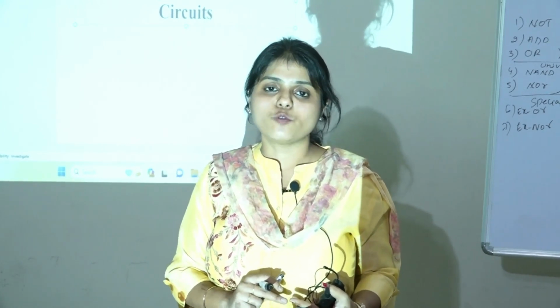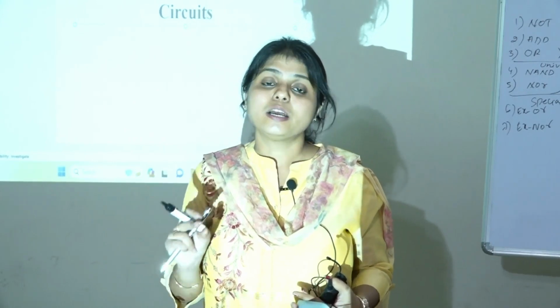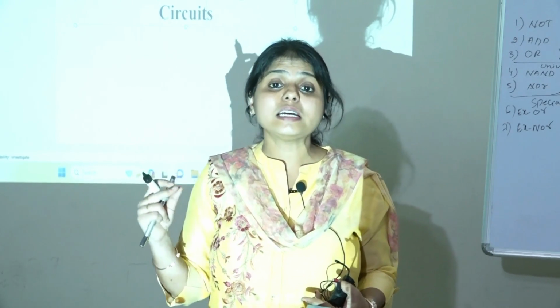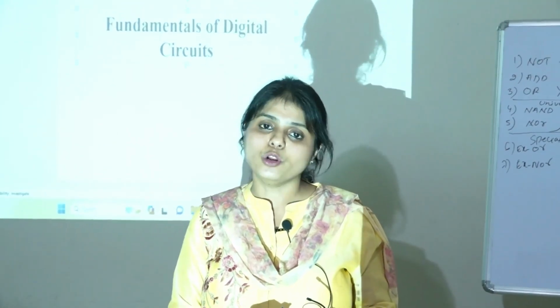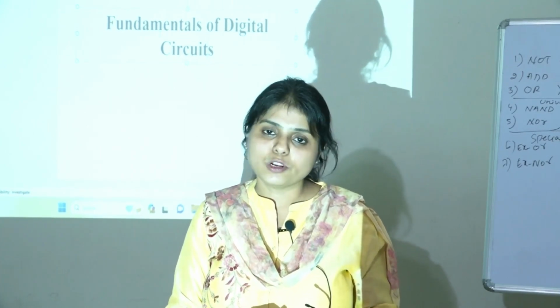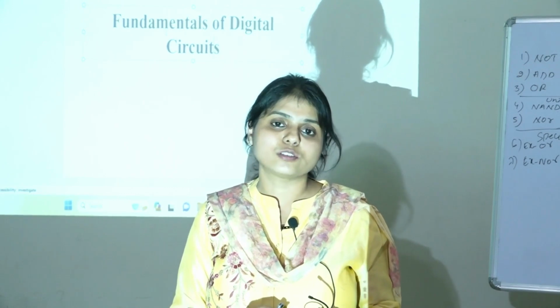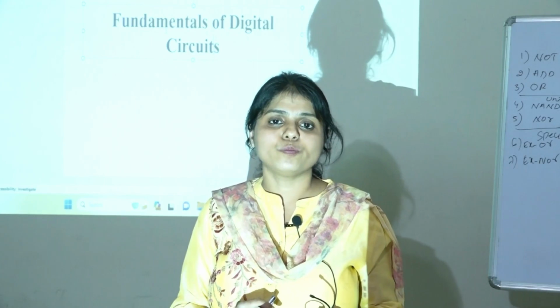We have also seen that any digital electronic circuit is designed using the basic logic gates. To design digital electronic circuits, we also have to understand some basic concepts of Boolean algebra. So we have seen what Boolean algebra is, some terminology related to it, and the basic identities and laws of Boolean algebra.